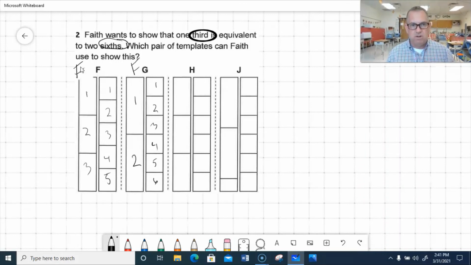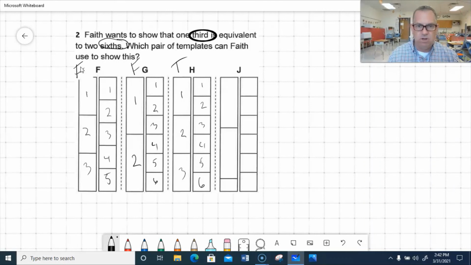Okay, answer choice H. Is answer choice H broken into thirds and sixths? Okay, let's check it out and see. That is broken into 1, 2, 3 equal parts. And this is broken into 1, 2, 3, 4, 5, and 6 equal parts. So this looks like a true statement. And we're still going to check the last one.